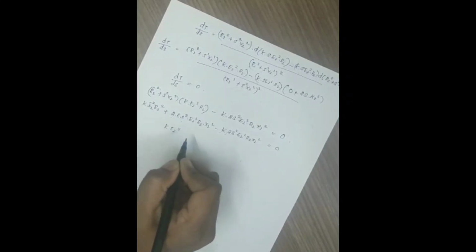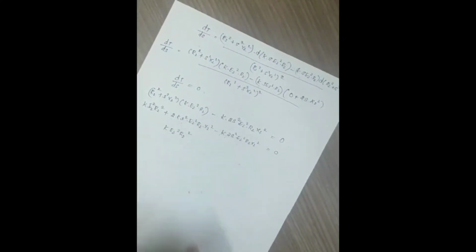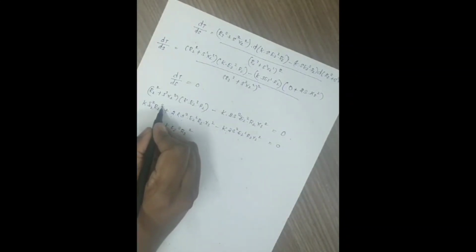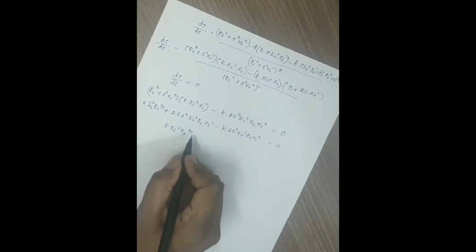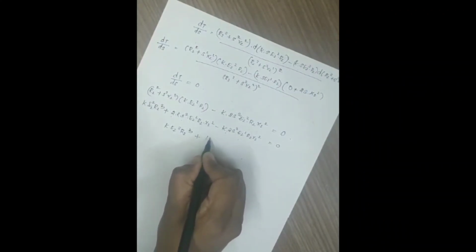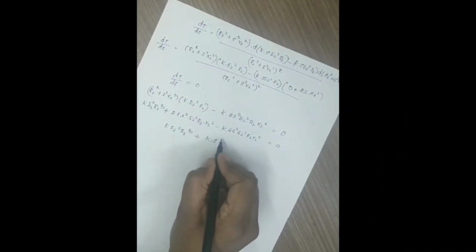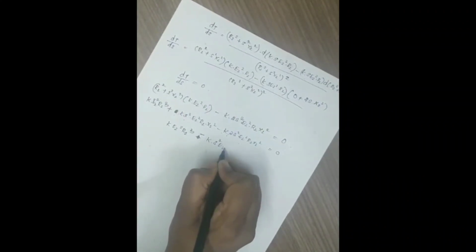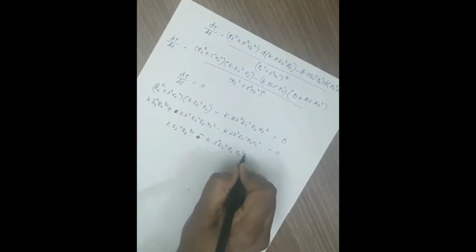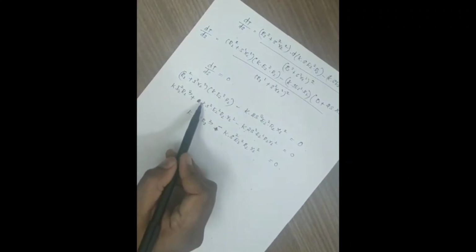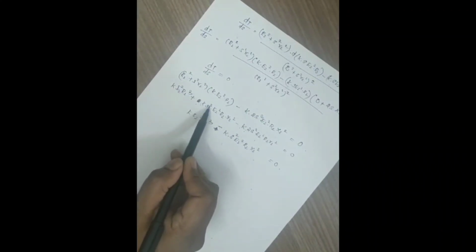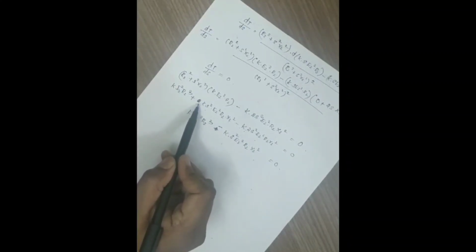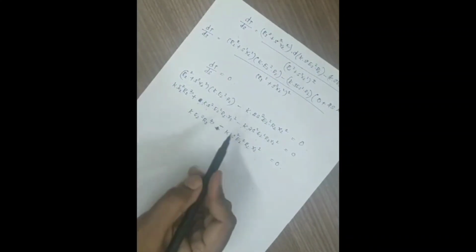What is the final result? I get k into e2 squared into r2 cubed, minus k into s squared into e2 squared into r2 into x2 squared, equal to 0. The variables are common, and only the numbers differ, here 1 and here 2, so minus 2 plus 1 gives minus 1.